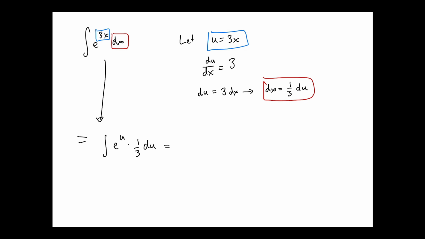Okay. But can I do this? Can I just pop that constant out front? I can, but let's make sure that we're cool as to why I can do that. I can pop the constant out front for the same reason that I can do that when I'm doing derivatives.